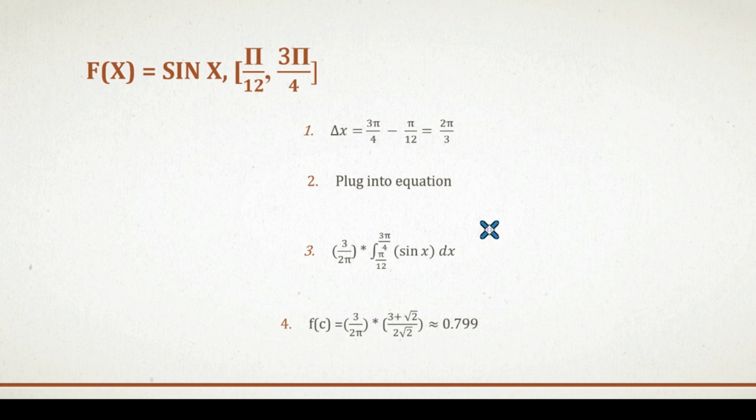Plug that into your calculator, or I guess you could solve it manually, and you get 0.799. Remember, in calculus, we always round to 3 decimal places. On top of that, if you wanted to sketch a graph for this problem, because that might give you a visual representation, then go ahead and do that. I just didn't do that because it doesn't really help me, but if it helps you, then you should do it.